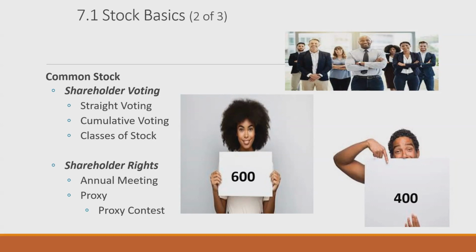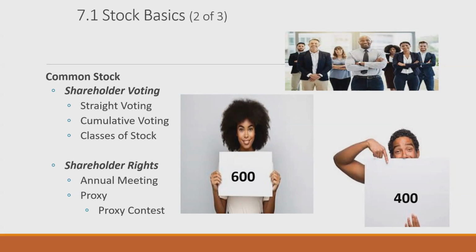So in a straight voting system, each share equates to one vote for each director, resulting in Donna having 600 votes and Jonathan having 400 votes per director. Therefore, with straight voting, Jonathan would not secure any director representation due to his lower number of shares.